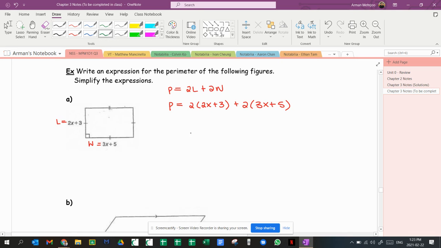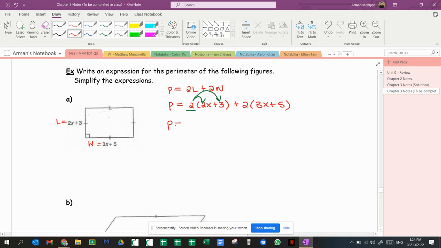So we haven't talked about distributing yet, but now's a good chance just to introduce the topic. So you see how I have a 2 in front of this bracket? If I want to get rid of the brackets, I actually have to do something called distributing. So I have to take this 2 and I have to distribute it to each one of my terms that's inside of the brackets.